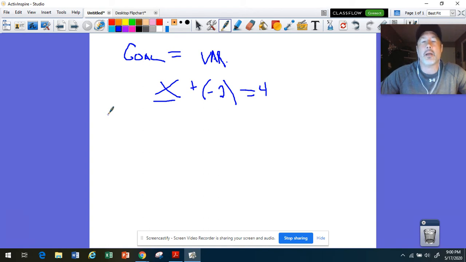As you remember, when we were solving with this, we're going to be doing 3 steps. Now with the integers, we may add a step here to make life a little bit easier for you, but basically we're still dealing with 3 steps. Goal, get the variable all by itself. How am I going to get this plus -2 to the other side?